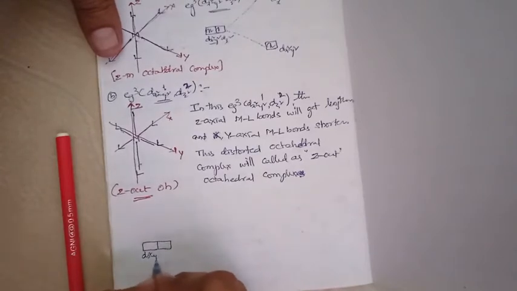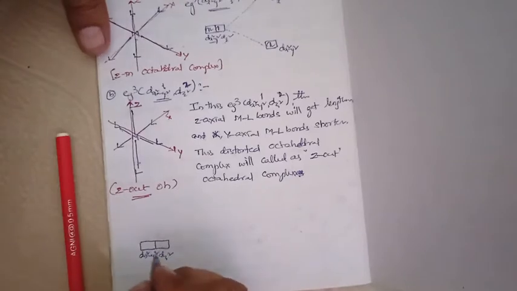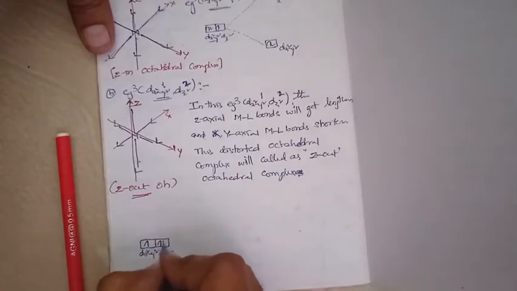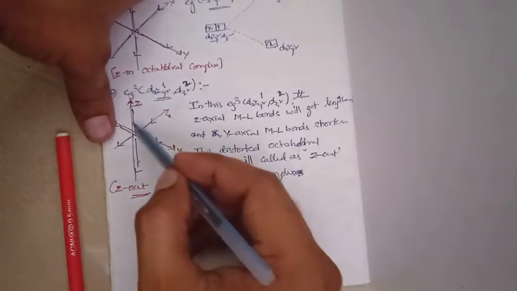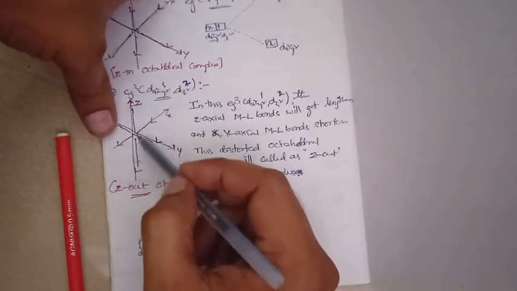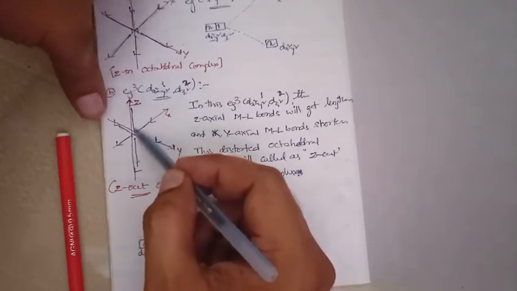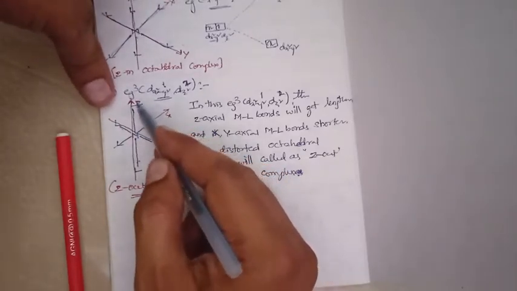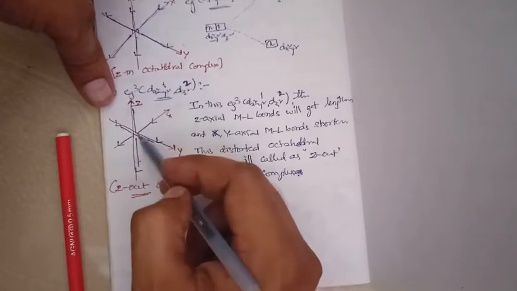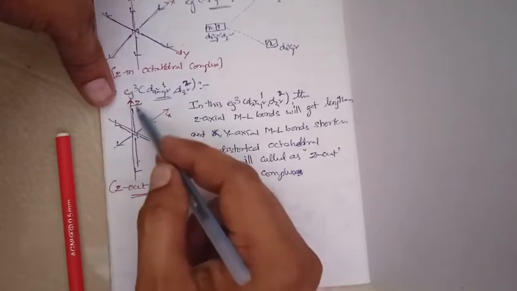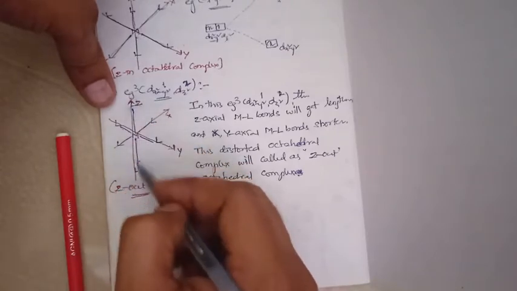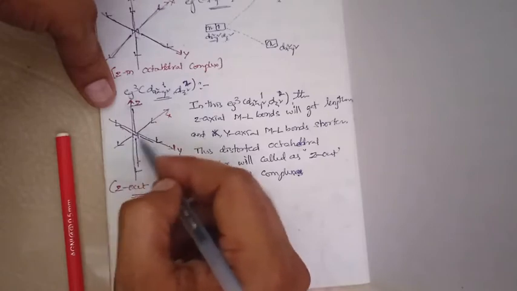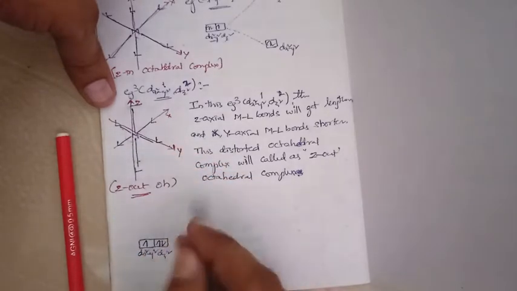So here in this case, the splitting pattern, how it could be: initially dx square minus y square and dz square, having one electron in dx square minus y square and two electrons in dz square. As along the Z orientation the metal to ligand bonds are very lengthened, the metal to ligand bond is weaker. When the bond is weaker and lengthened, the negative interaction of the Z oriented ligands with the metal valence dz square orbital will be very less.